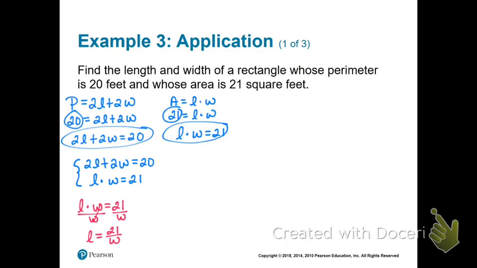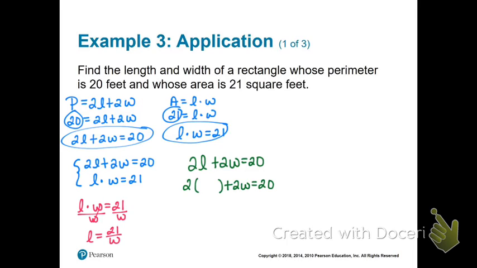So then remember, with substitution, we're going to take that and plug it into the other equation. So our other equation was 2L plus 2W equals 20.